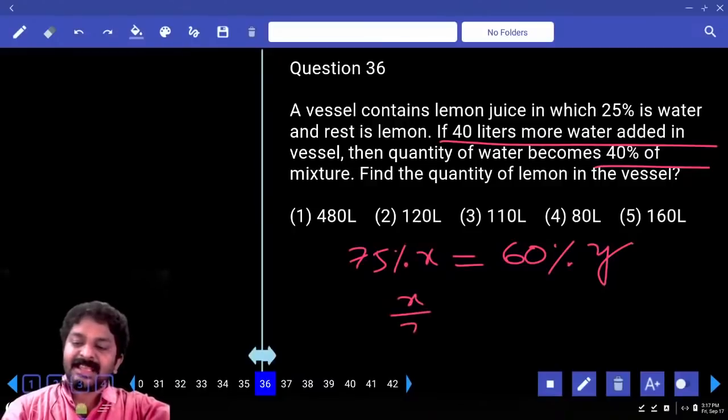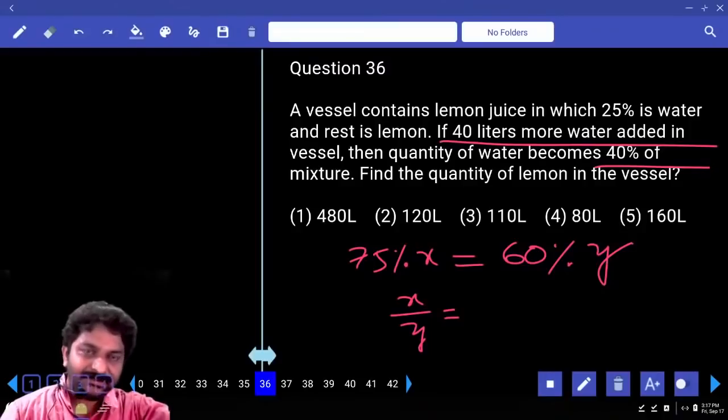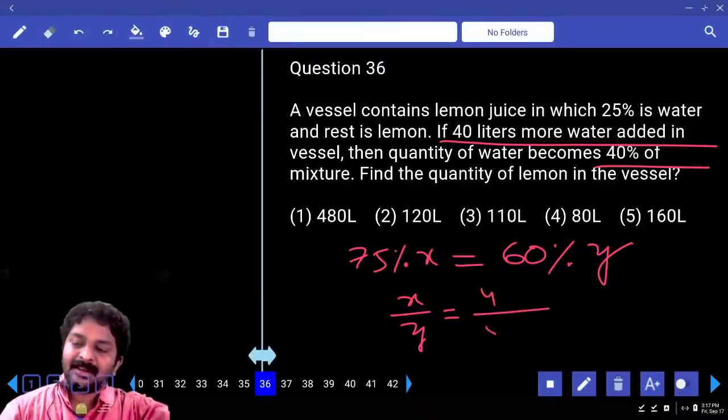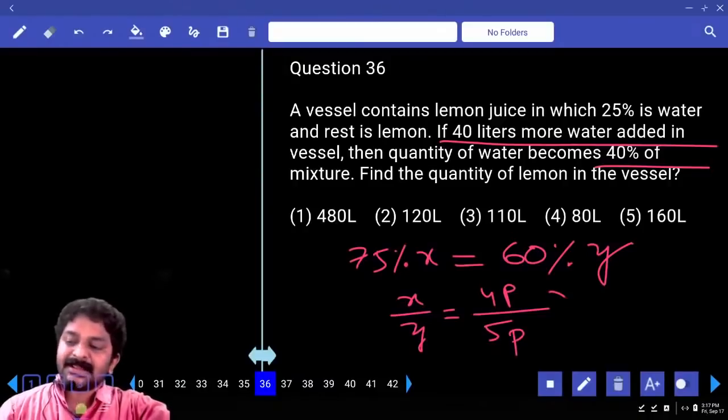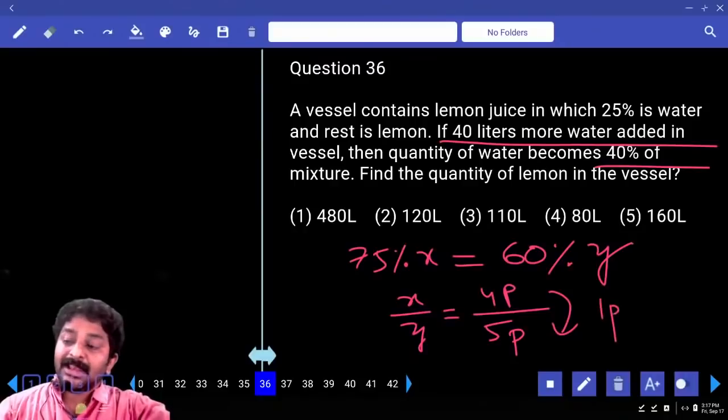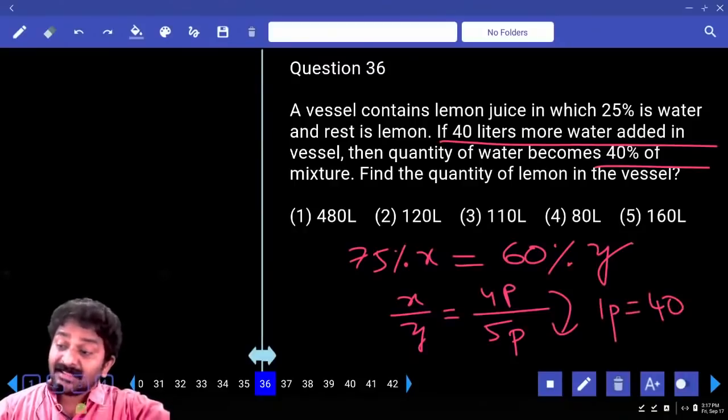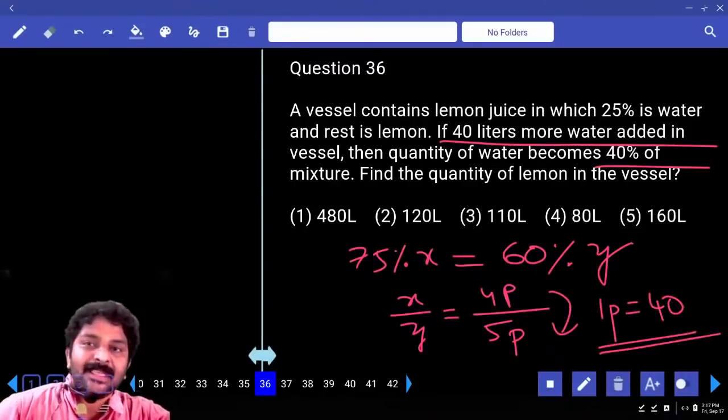From this we can say X by Y is equal to 60 by 75. Cancellation with 15, 4 times and then 5 times. So the initial component is 4 parts and the later component is 5 parts. How many parts increased? How many liters increased? That means 1 part is equal to 40 only.